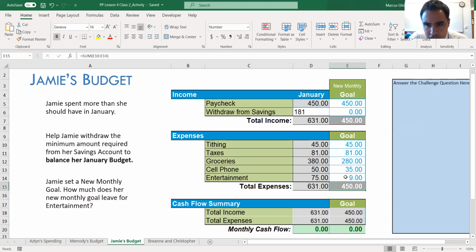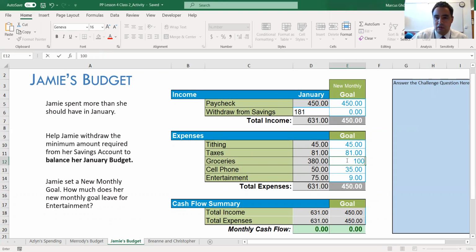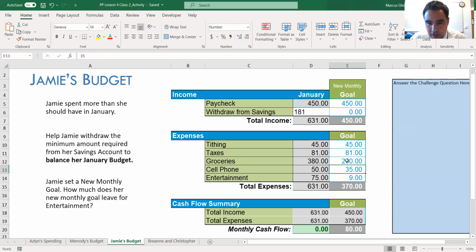Let's look at a couple of other things in here. $280 for groceries. There are people who spend that much money, but not everybody's on that kind of a diet. Let's bring that down to maybe $100. Well, 200. That way Jamie can live very comfortably. Well, she's got a great cell phone plan, $35 a month.